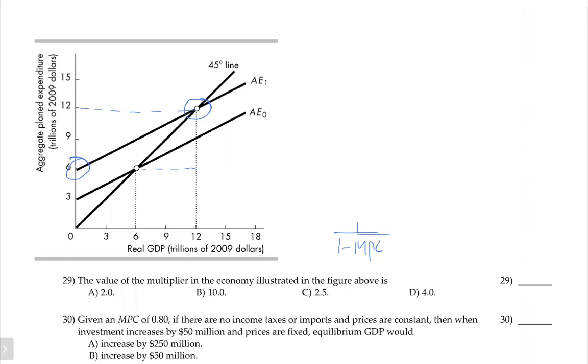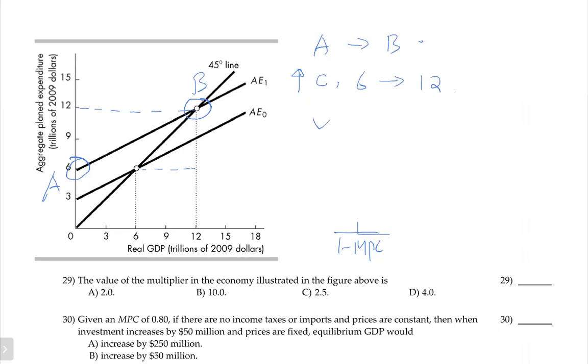Let's label them and call this A to B. So we move from A to B. So C changes from 6 to 12, so this is an increase in C, right?